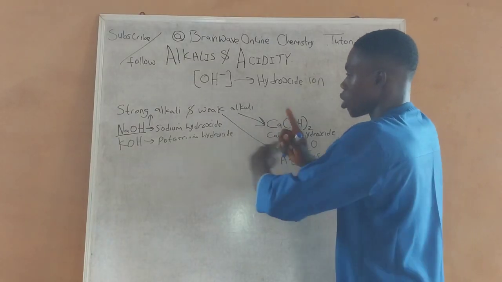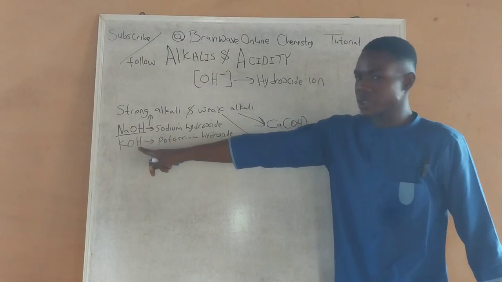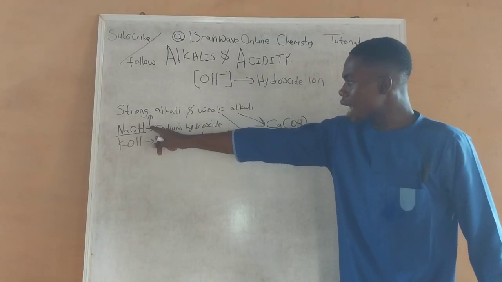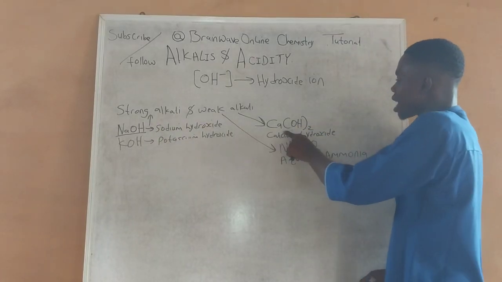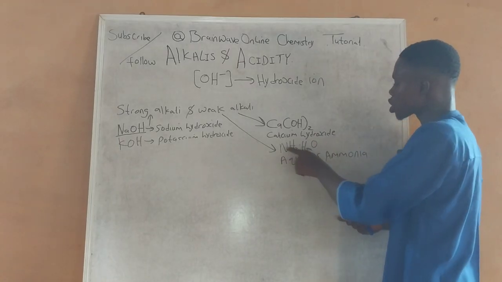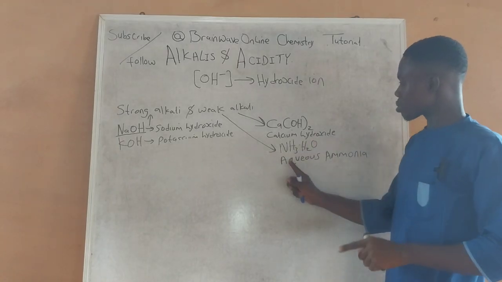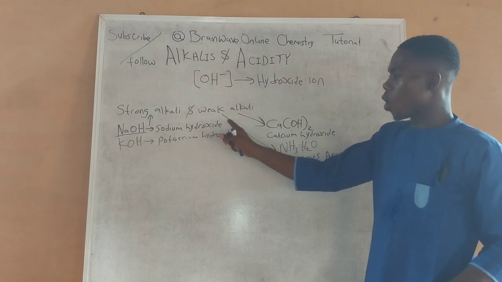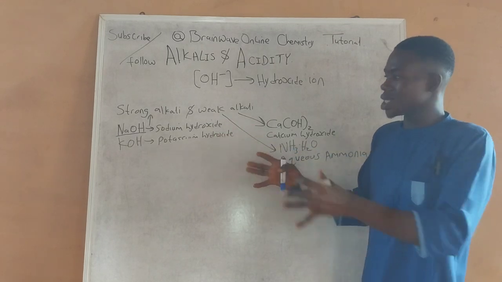Please don't mix the two of them up. Sodium hydroxide and potassium hydroxide are examples of strong alkaline. Then under the weak alkaline we have calcium hydroxide, also known as lime, and we also have aqueous ammonia. Please take note of this.